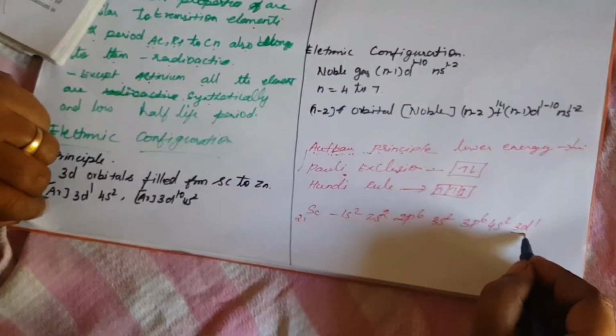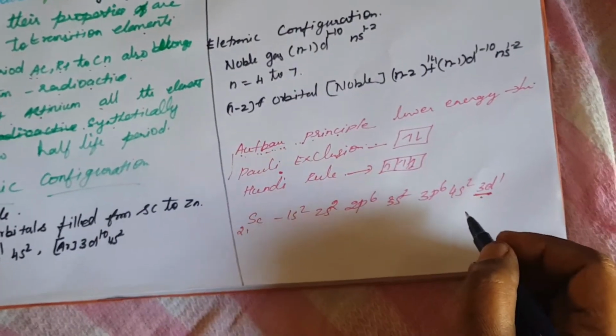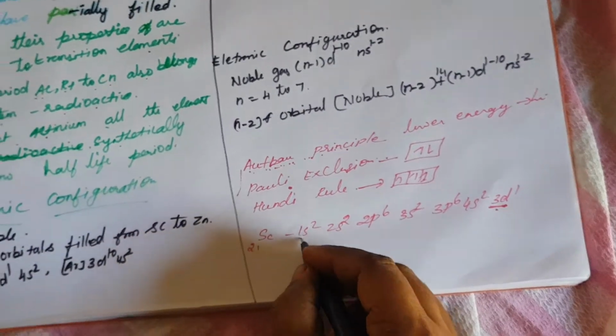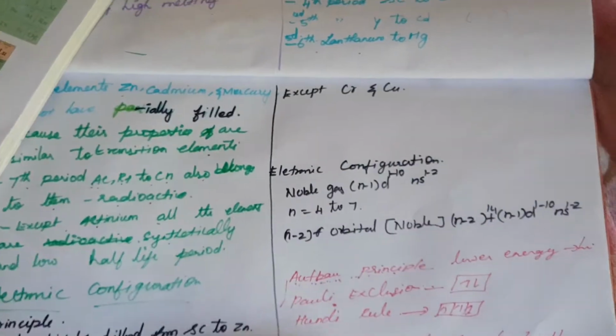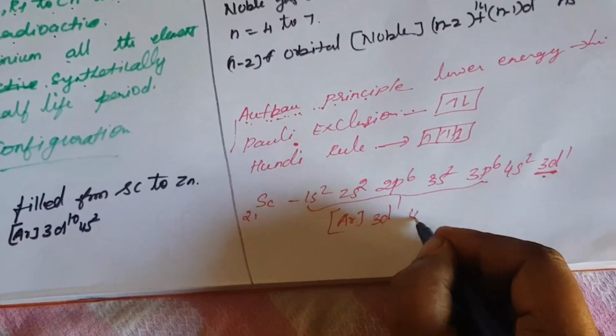The last electron enters the d orbital, so this is a d-block or transition element. Using the noble gas configuration, it is argon, 3d1, 4s2.